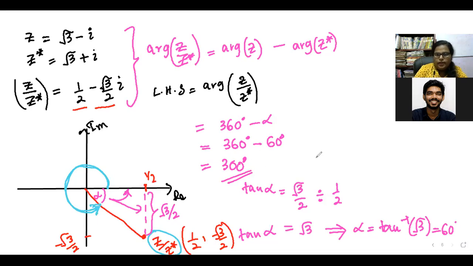After that, you have to find the right hand side. On the right hand side, we have arg Z minus arg Z star. We have to prove that this result is also the same as 300 degrees. So we have to prove the right hand side equals arg Z minus arg Z star.